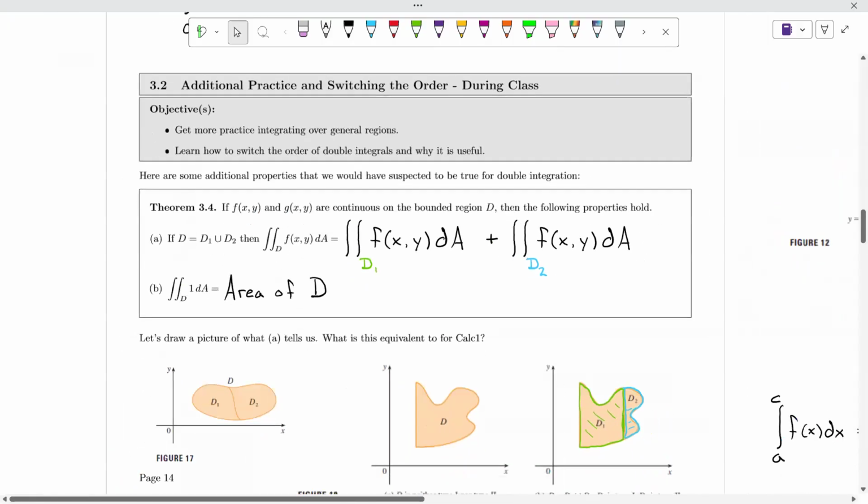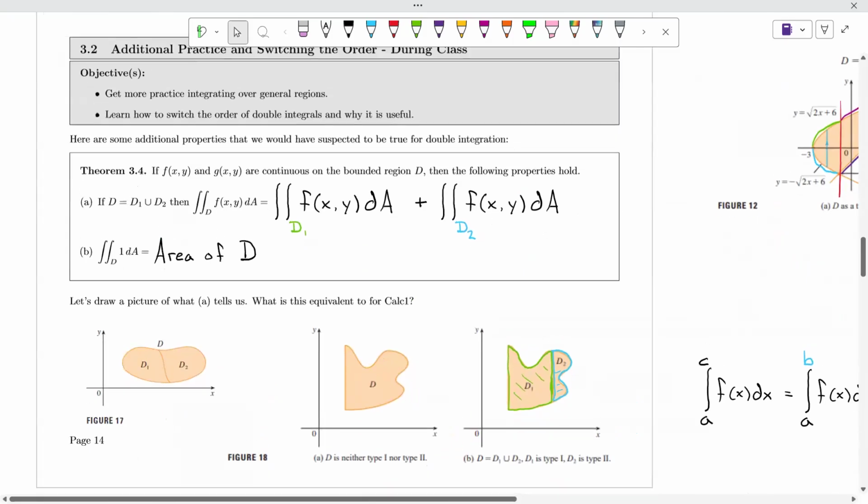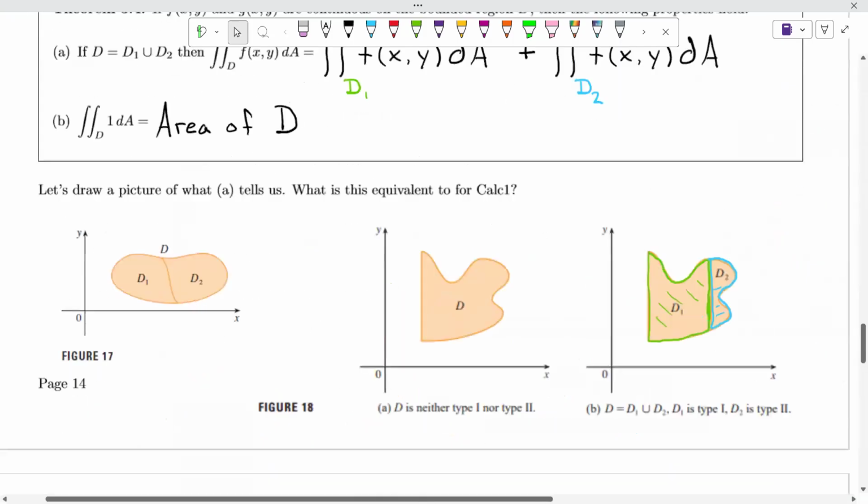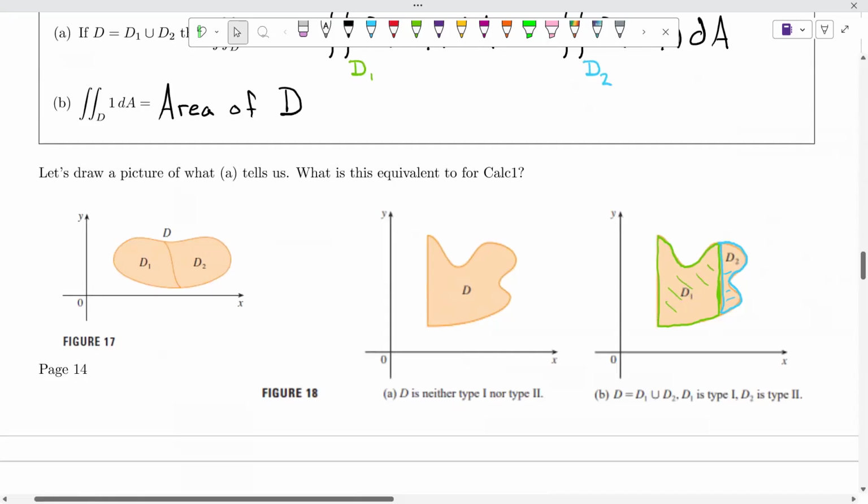So one last quick set here of some things worth talking about. If I have some nasty looking region, like the one here in the example below, where I don't have a clear top and bottom or a clear left and right function, then I can divide my domain up, or divide my region up, into subregions and integrate it out that way.